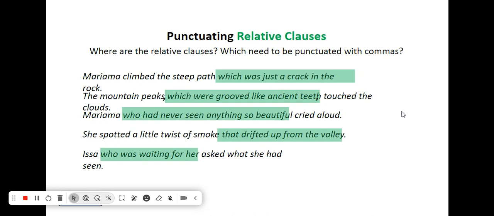The second one, actually we're going to need a comma at the beginning and at the end of the relative clause. The third one, we're going to do the same thing because it's separating our main clause. So our relative clause is going to need two commas, one at the beginning and one at the end.